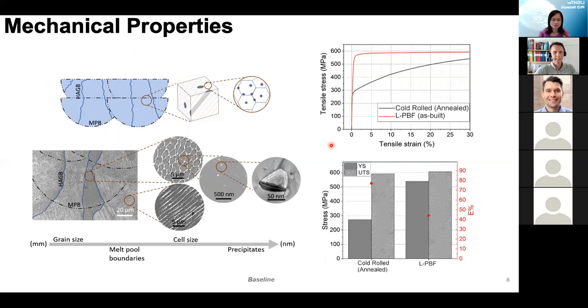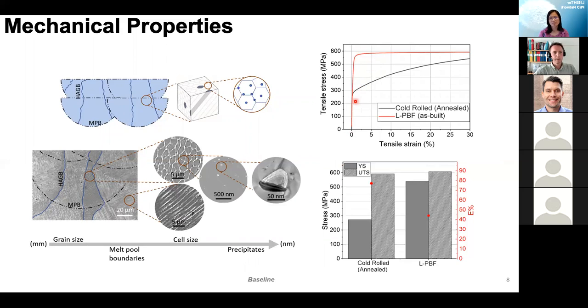And inside those cells, we have precipitates and inclusions and oxides and so on. And as you can see, we have a microstructure ranging from millimeter and down to nanometer in the same material. And all of this will then influence the mechanical properties.